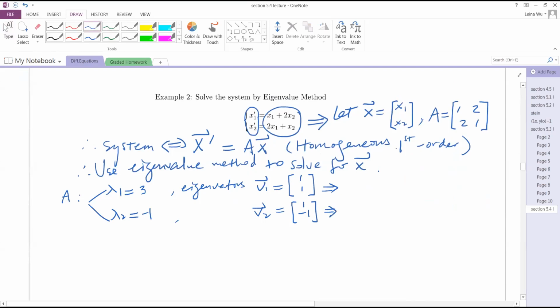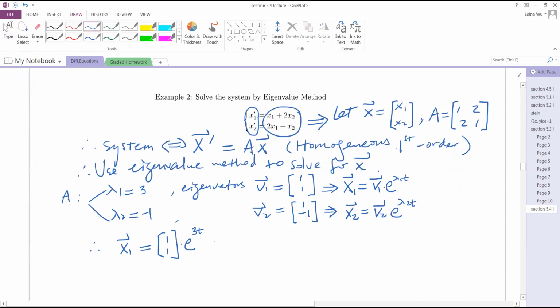Alrighty. So once we have lambda 1, v1, lambda 2, v2, we can construct two solutions, the first solution x1 and the second solution x2. The x1 would just be v1 times e raised to lambda 1 t, and x2 would be v2 e raised to lambda 2 t. So the first solution is 1, 1 times e raised to the 3t.